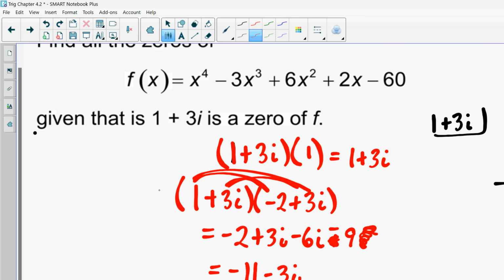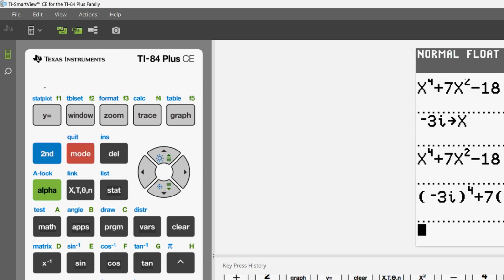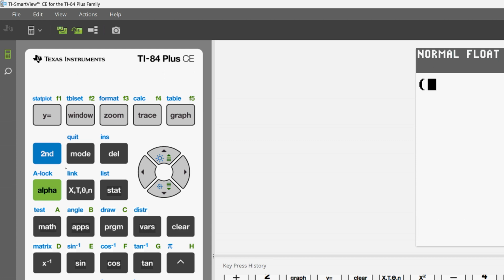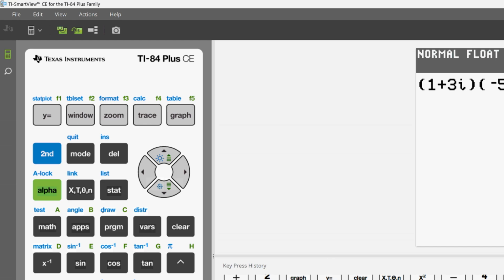Now we're going to multiply our 1 plus 3i with negative 5 minus 3i. And as I said on the previous one, we don't have to do these by hand. Graphing calculator. Clear all that out. We can do 1 plus 3i times negative 5 minus 3i.